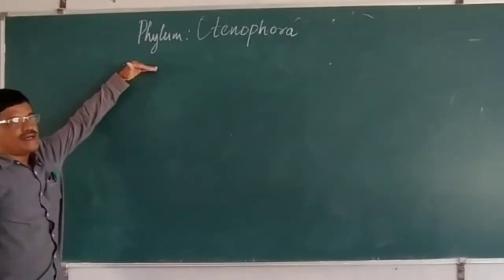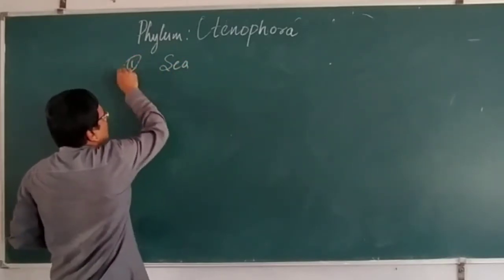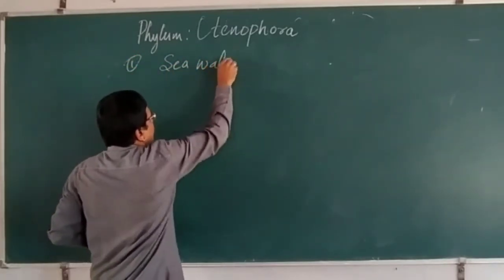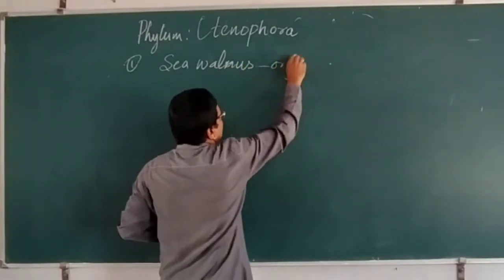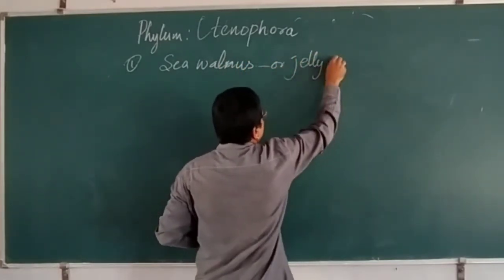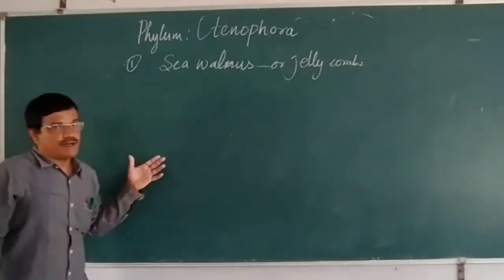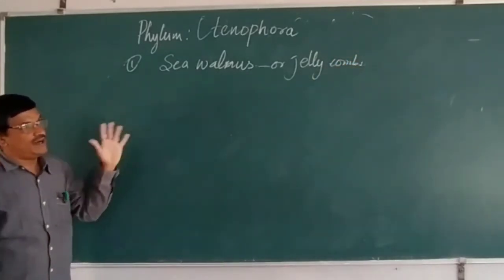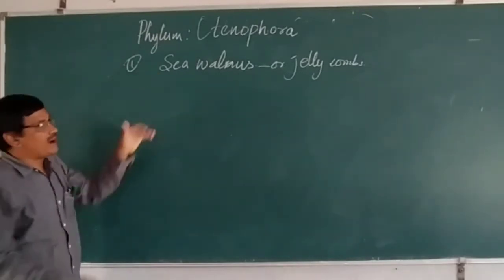Ctenophores are commonly known as sea walnuts or comb jellies. They are commonly known as sea walnuts and jelly cones, and these are exclusively marine.